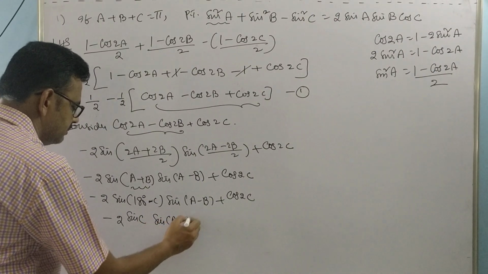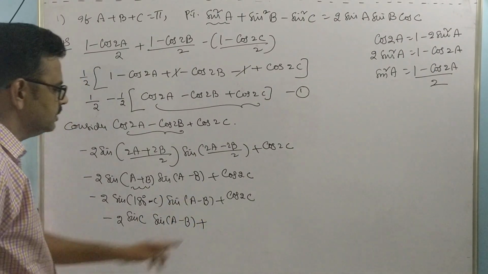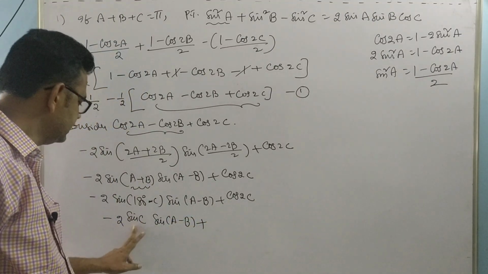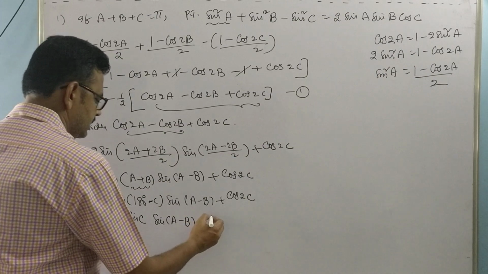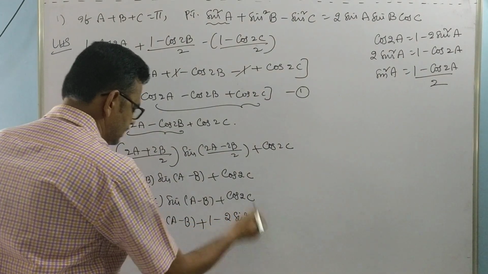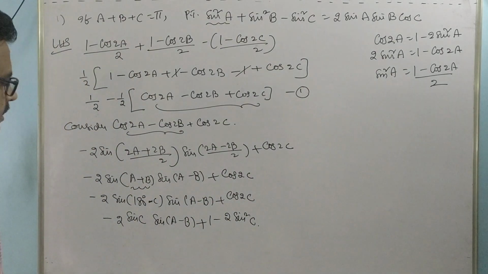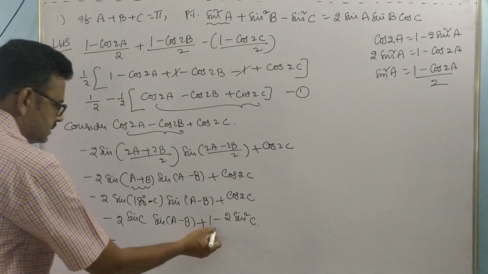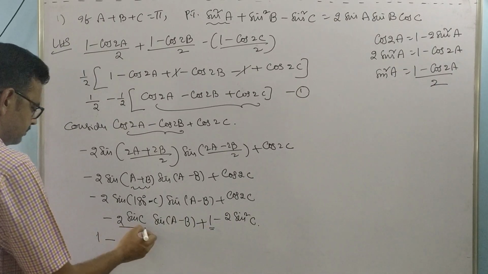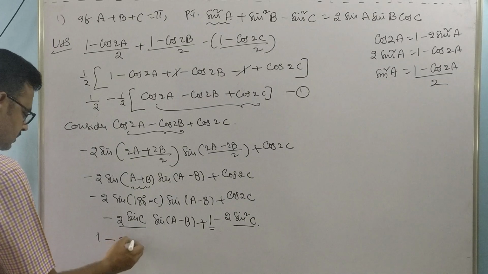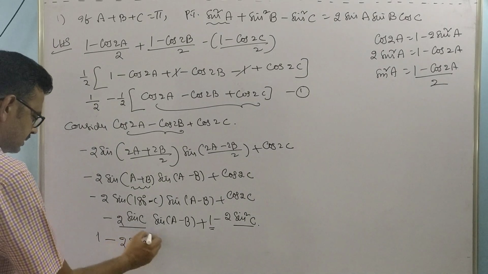So we write cos 2c in terms of sin, because here we have sin c. So write 1 minus 2 sin square c. Now 1 is here, and from these two you can take 2 sin c common.